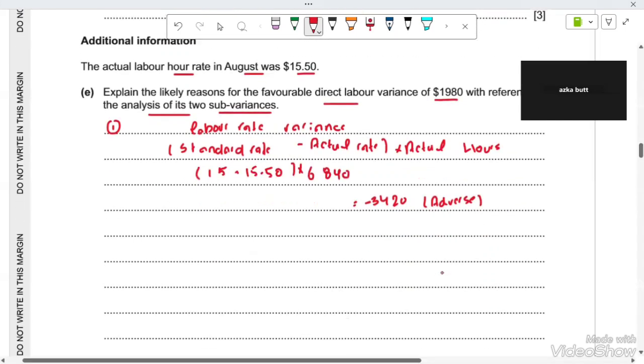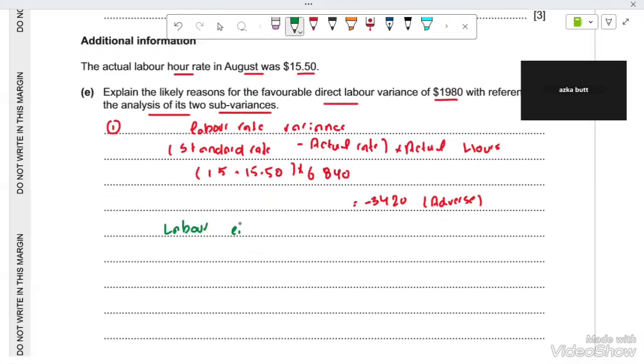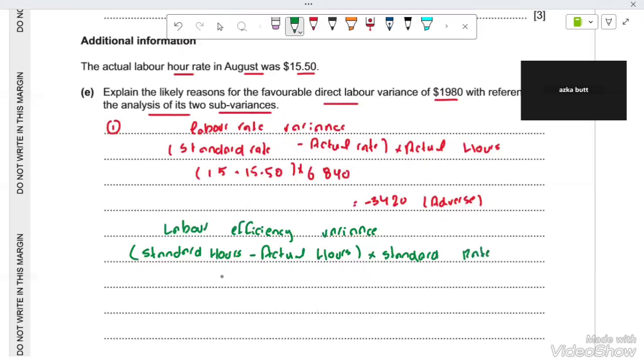And if you want to find out the labor efficiency variance, the formula is standard hours minus actual hours, multiplied by standard rate. 7,200 minus 6,840, multiplied by 15.